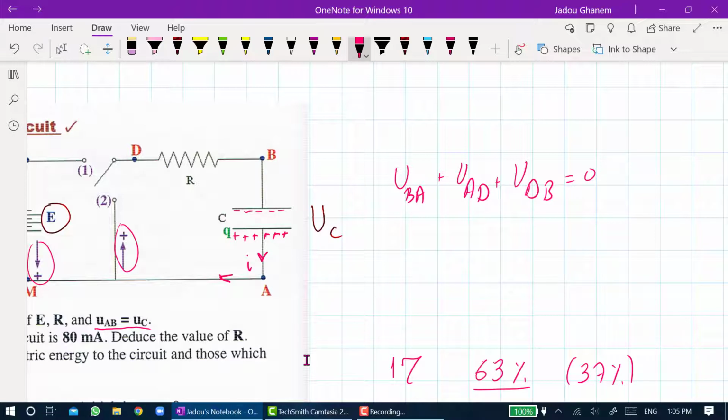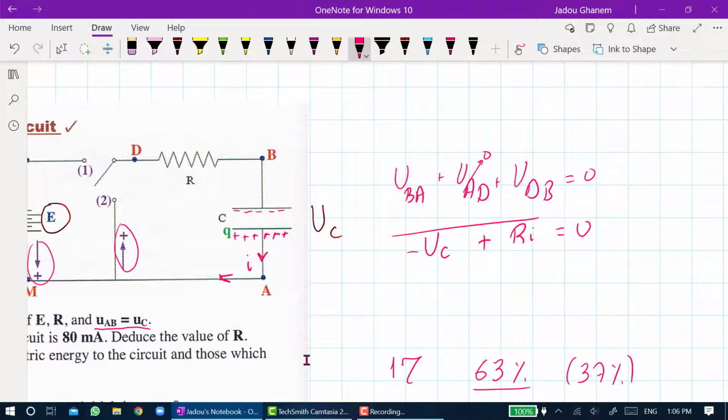So UBA is the voltage across the capacitor. UAD is a wire, so this one will be 0. UDB is across the resistor, so this one is RI. UBA we must write as minus UC. Why is it minus UC?